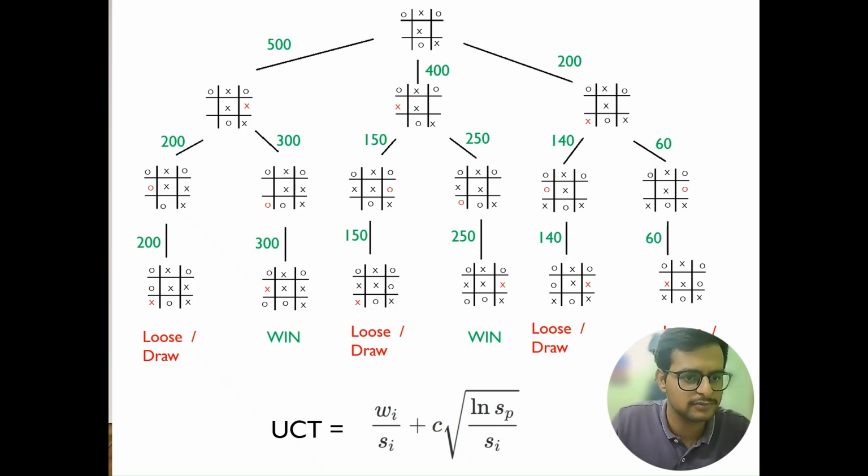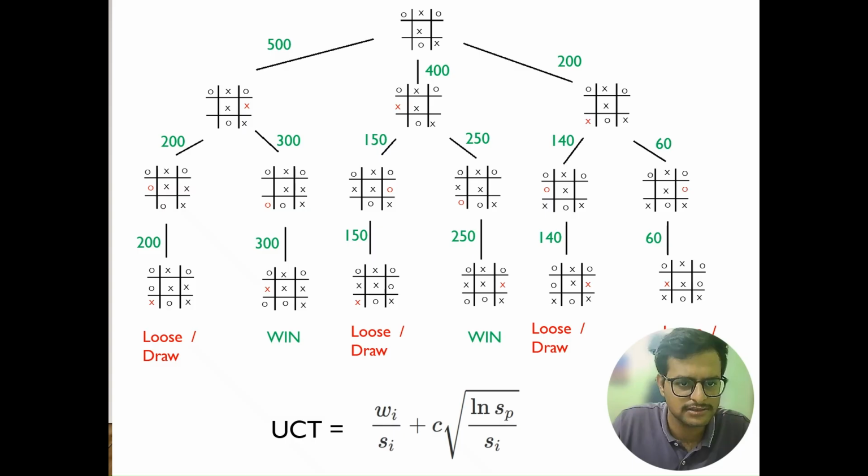So we select this move, and after this move we have the same UCT value among its children. Out of 500 times we select this move, 200 times we select this position for O and 300 times this position for O, and we simulate these positions till the game ends, and we know that these moves give us the win.